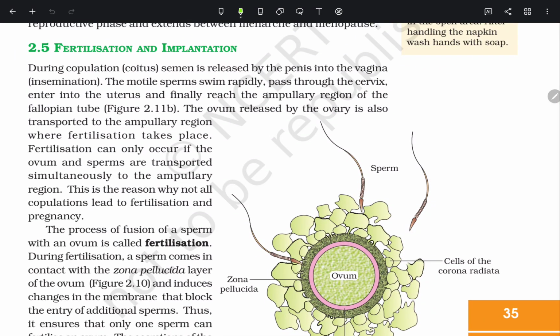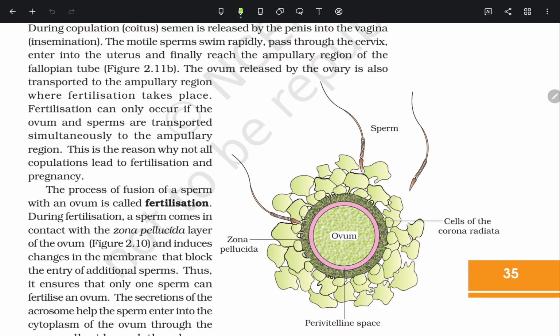Fertilization and implantation. During copulation, semen is released by the penis into the vagina. This is insemination. The motile sperms swim rapidly past the cervix, enter into the uterus, and finally reach the ampullary region of the fallopian tube.